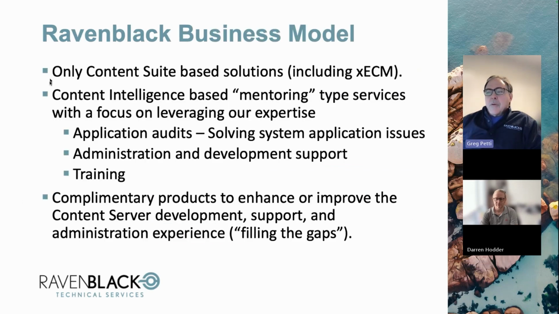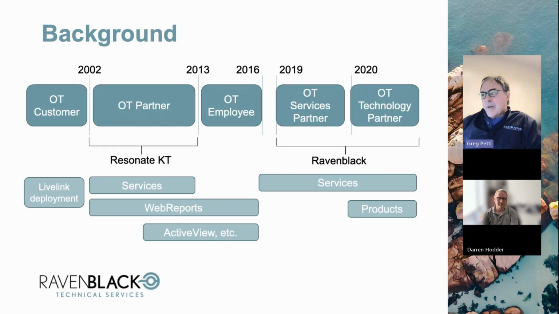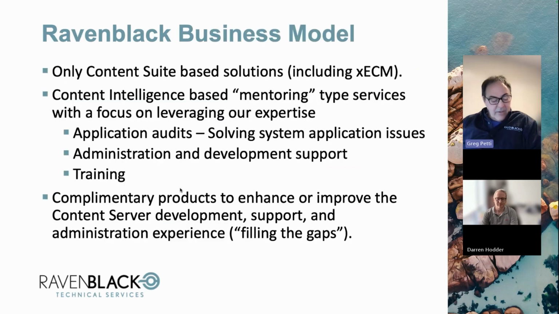So we had a focus on audits, administration and development support, training, mentoring, that type of thing. And over a period of time, as we got going, we became a technology partner and started sharing and selling the products that we use that have made us successful in helping customers to tame these things.